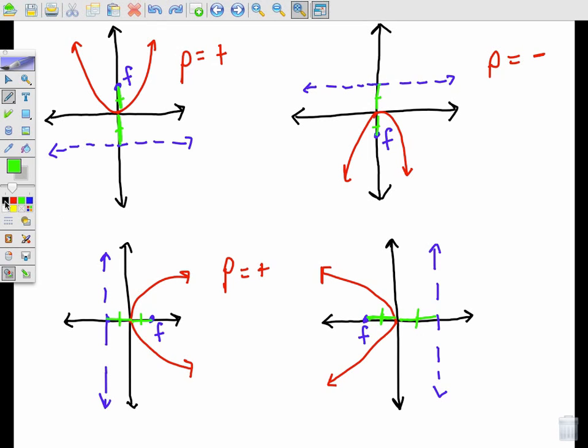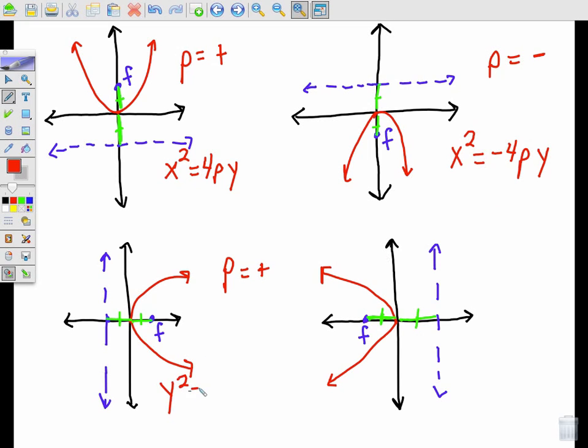Now, just to give you an idea of what these equations would look like, here you go. So this first equation, it opens up, my p is positive, the vertex is at the origin, so the equation for this first one is x squared equals 4p times y. P is positive. Here I'd have x squared equals negative 4py, and that coefficient would be negative.